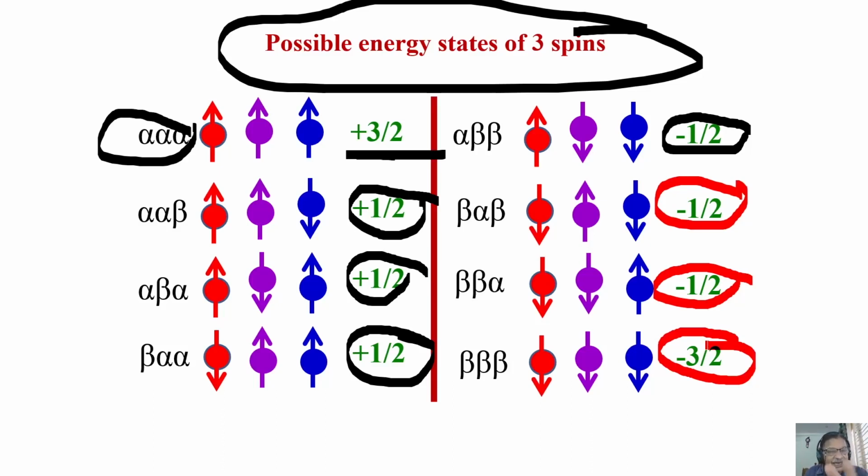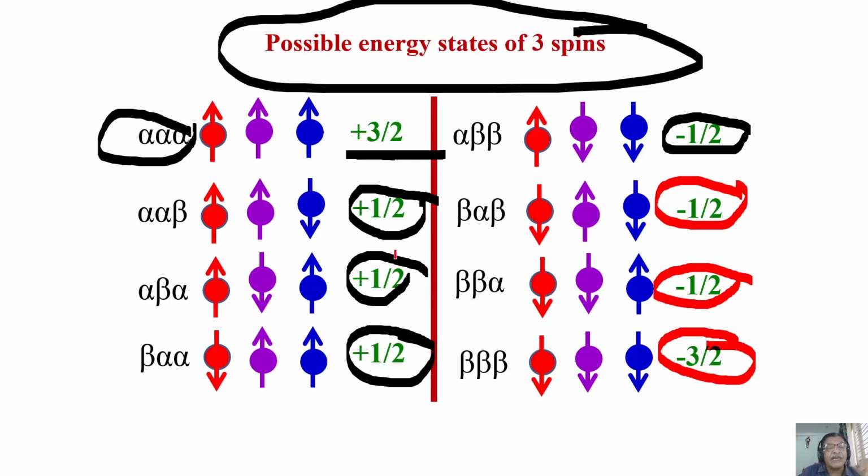So when there are 3 spins coupled among themselves, the possible energy states are 2 cube. There are 8 possibilities. Now, which are the states which have the same energy? Which are the states which have different energy? For example, this state and this state, all are plus half.